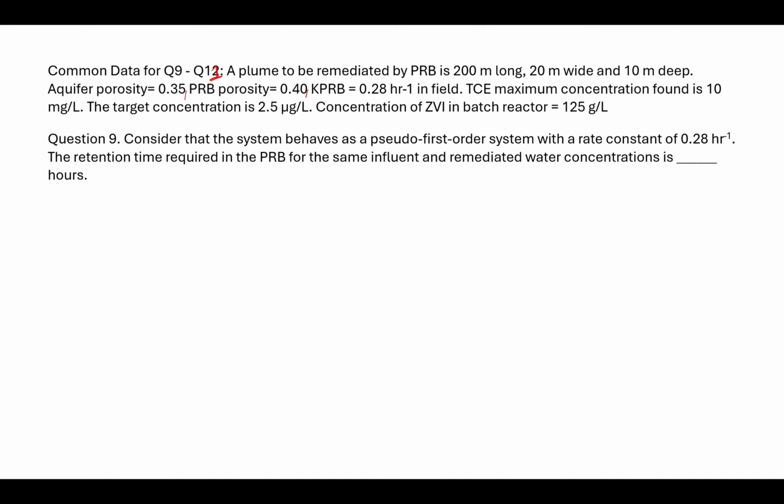So question 9 is: consider that the system behaves as a pseudo first order system with a rate constant of 0.28 per hour. The retention time required in the PRB for the same influent and remediated water concentration, in hours, is? So we have to find out the retention time required for this system to reduce the concentration of TCE from 10 milligram per liter to 2.5 microgram per liter, considering the reaction as pseudo first order.